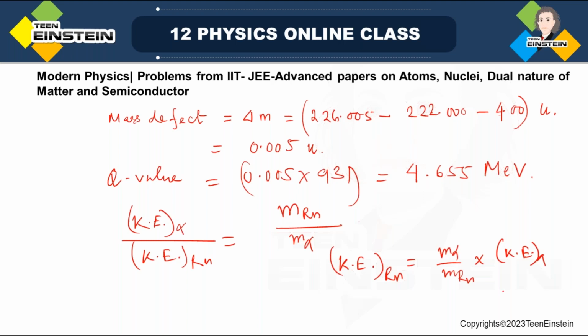Now if we put all the values, which are given, we will get 4 by 222 into 4.4.